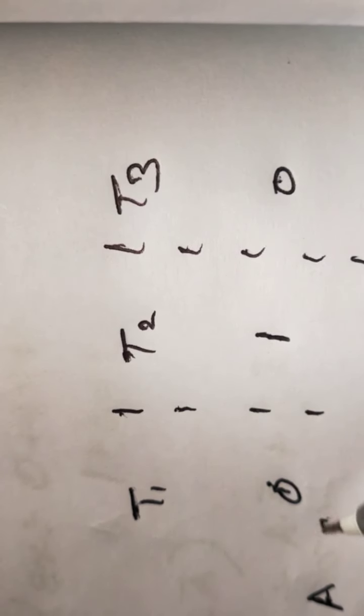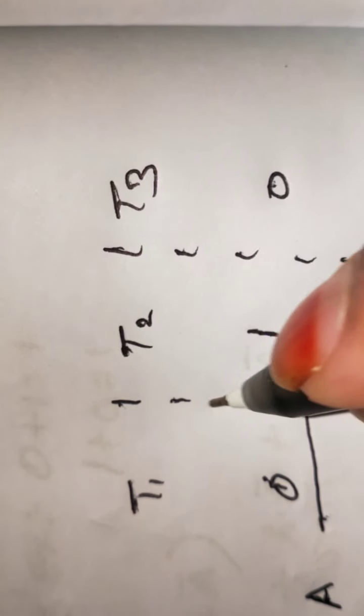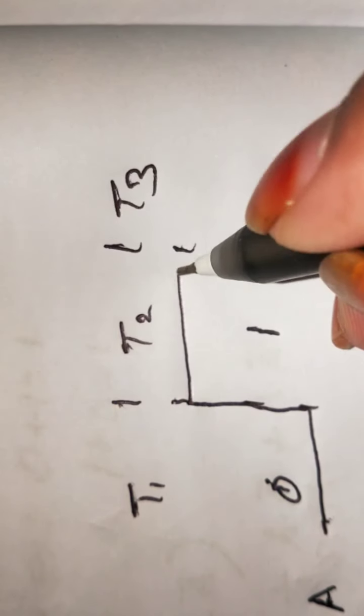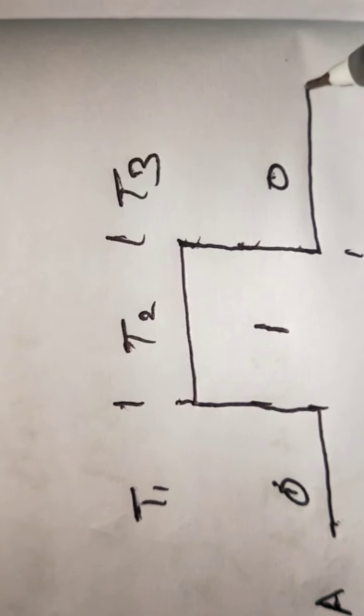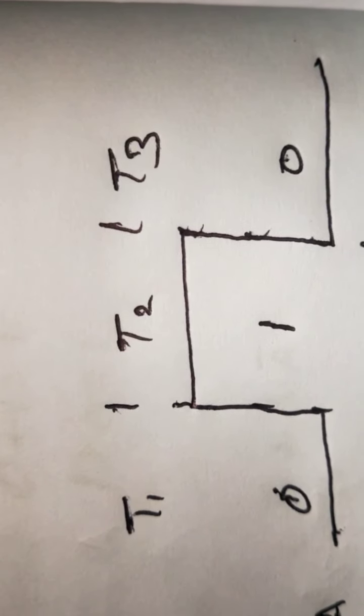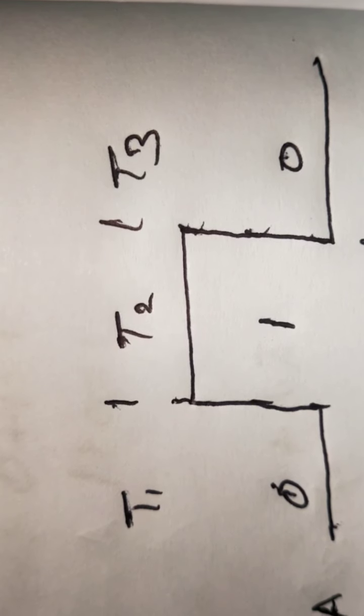It should be like this. This is called as timing diagram for a variable A.